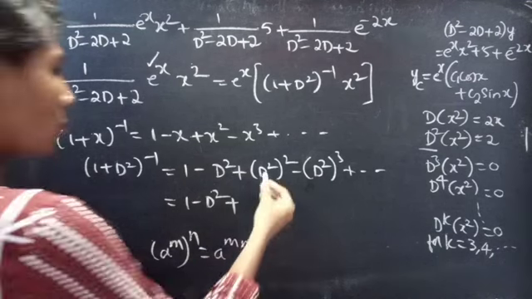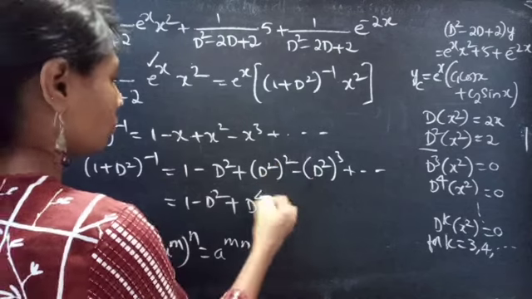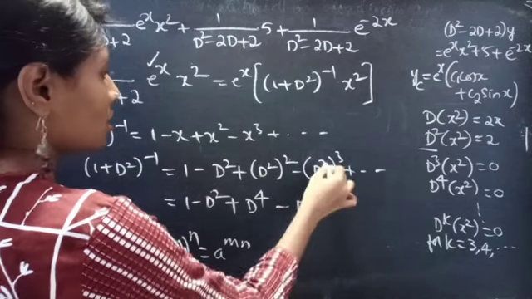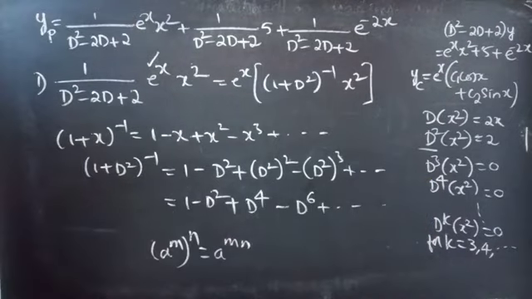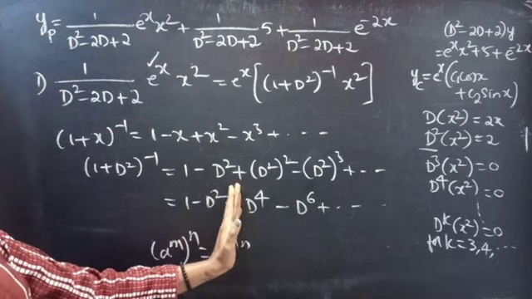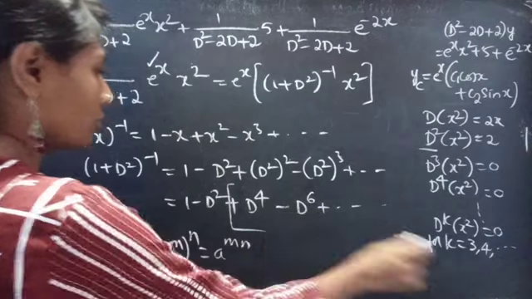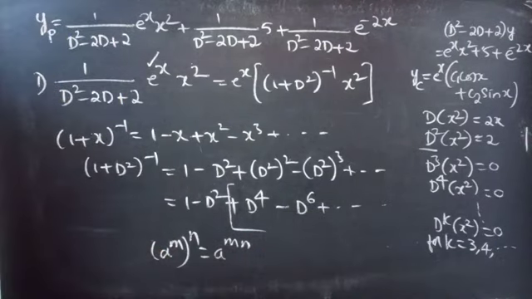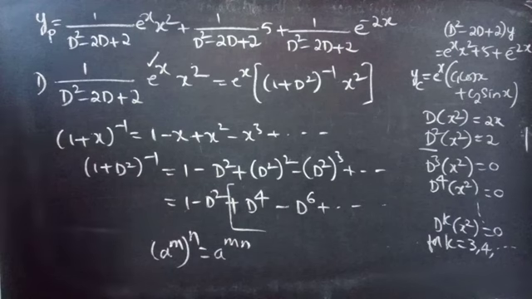So we'll use this formula here. D power 2 whole square is 2 2s are 4. D square whole cube is 2 3s are 6 plus so on. Here we are getting higher derivatives from the third term, so we are going to neglect all the terms from the third term. We'll use only the first two terms.